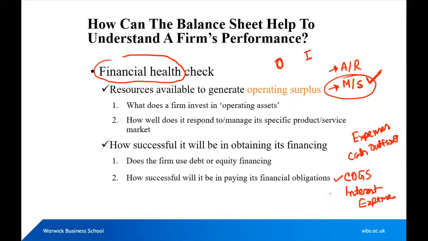Are these cash outflows categorically the same? Or you understand that cost of goods sold is a kind of cash flow which is related to operating activities, and interest expense is a cash outflow which is related to investment or financing.